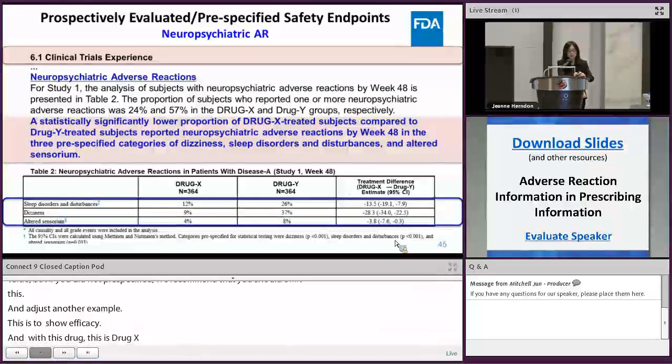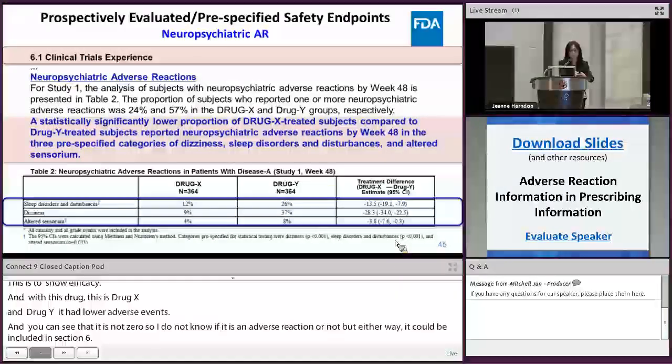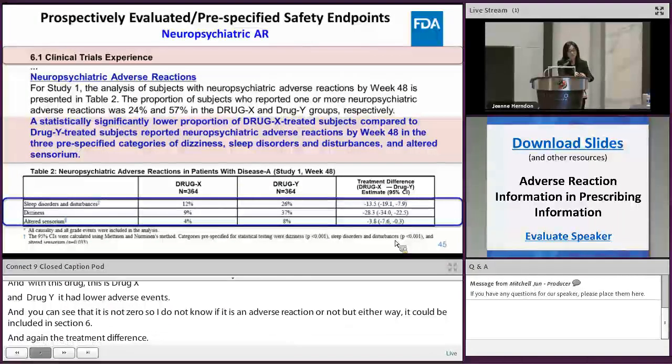And you can see here it's not zero, so I don't know whether it's still an adverse reaction or not, probably is, but either way, because it's potentially an adverse reaction, it could be included in Section 6, and it makes sense to put it here. And again, treatment difference and the statistical analyses are shown here and are valid to do so and are not misleading to present because they were pre-specified. And the study succeeded in demonstrating this hypothesis.